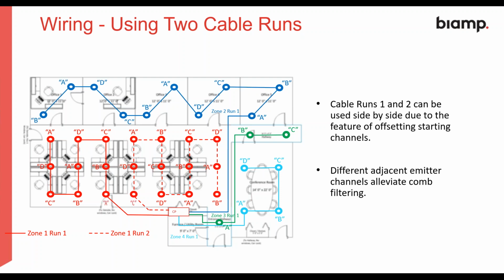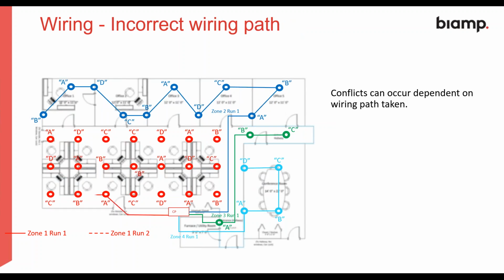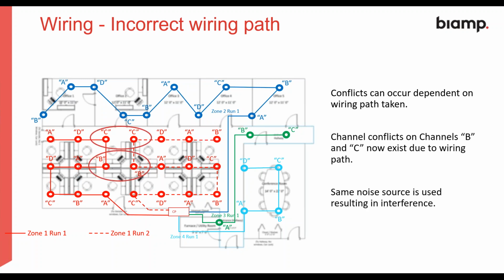And because we start with the A's and the C's, we will avoid comb filtering. Where we will get conflicts is if we have a different cabling path, and we're not trying to keep to the same arrangement, we will have problems. As an example here, this is where we have the conflict, showing we've got 2 C's and 2 B's together here.